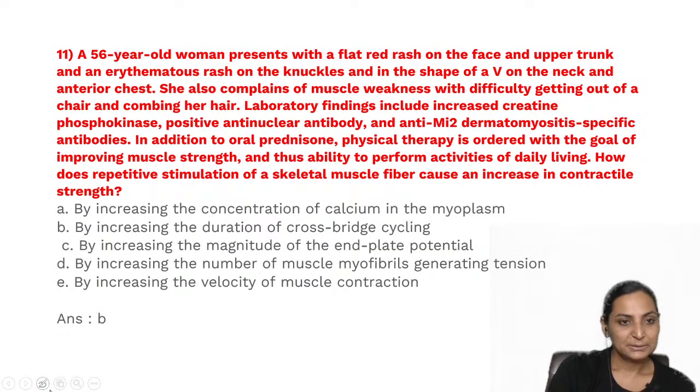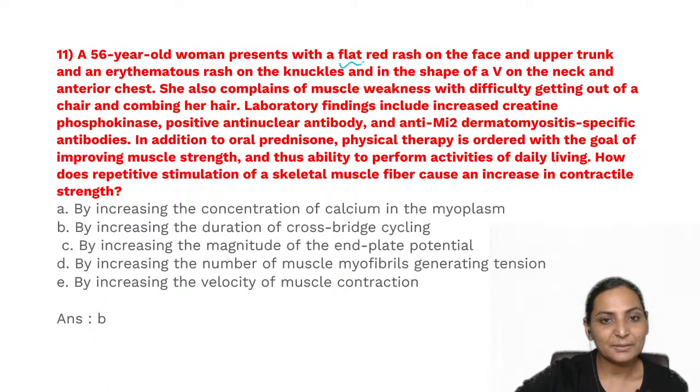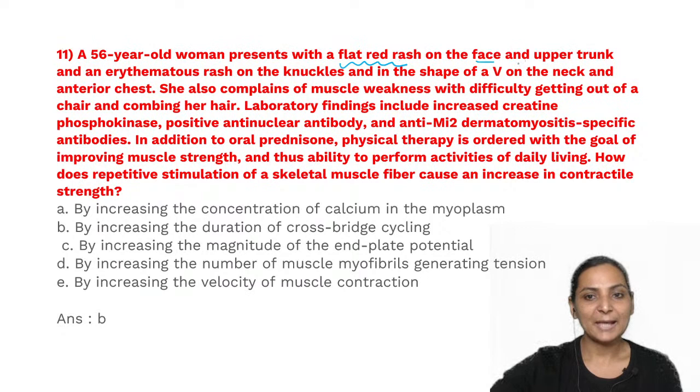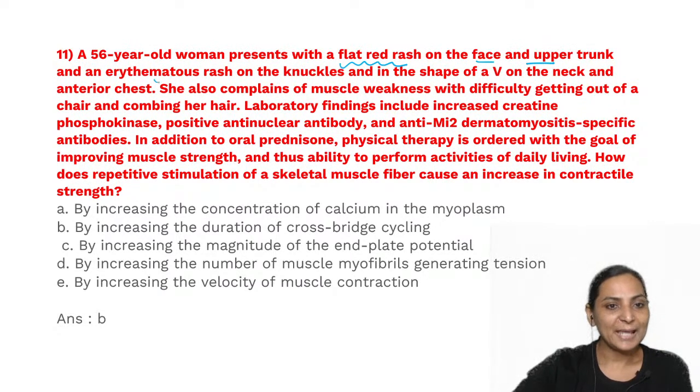Next. A 56-year-old woman presents with a flat red rash on the face and on the upper trunk, with an erythematous rash on the knuckles and in the shape of a V on the neck. She complains of muscle weakness, especially when pulling a chair or combing her hair.